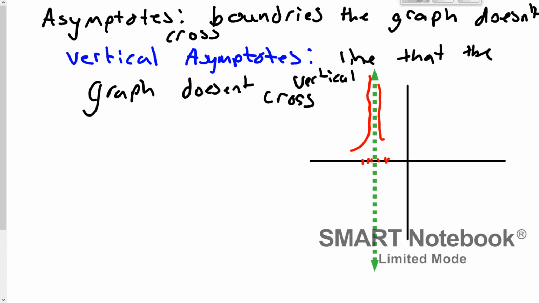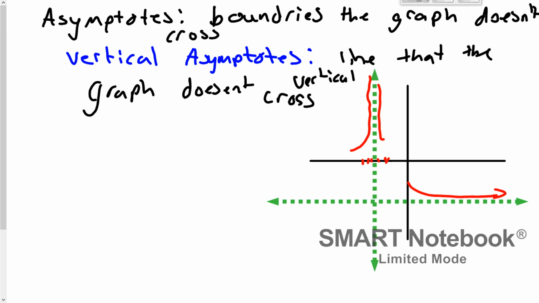Horizontal asymptotes are horizontal lines that our graph doesn't cross. The thing about horizontal asymptotes is there are some chances that it does cross. So I might have a horizontal asymptote down here, and normally it doesn't cross that line and it gets really, really close.